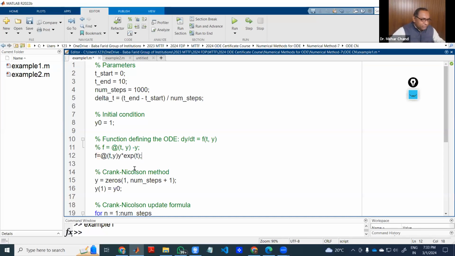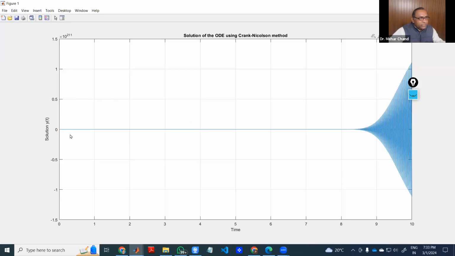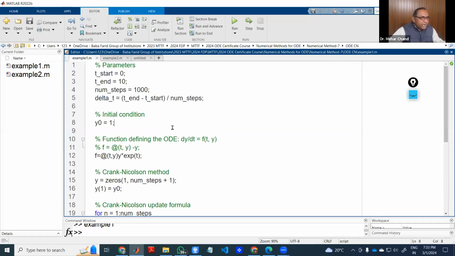So this is one new function, dy/dt equal to y exponential t, and when you execute, and change the initial condition as you like, we have this graph for this function. So you can do several experiments by using this approach.